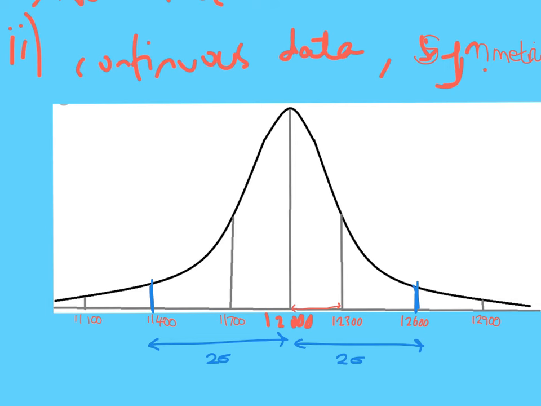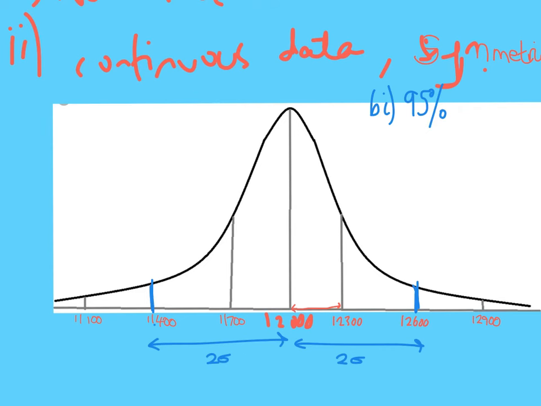So this is going to be 95% of that data. So for B part 1, 95% of light bulbs last between 11,400 and 12,600 hours.